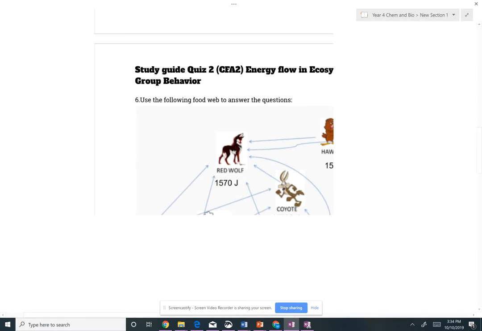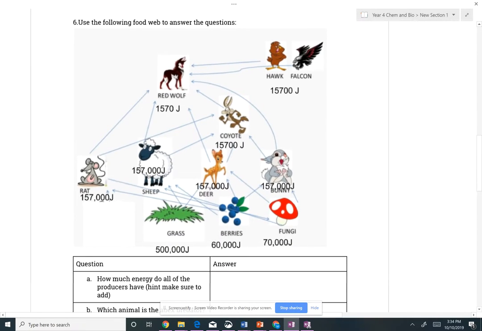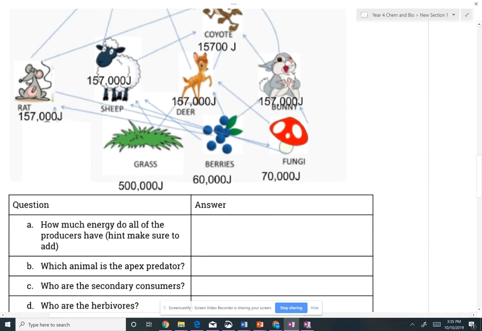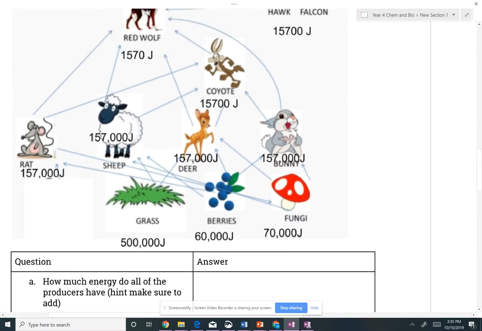Okay. So the next thing is to use the following food web to answer a few of these questions for us. Looking at this food web, before we get into it, I want you guys to make sure that you know the different parts of the food web so that we are clear on all of those things. With this, we are looking at our animals and we see that we have numbers attached to them.